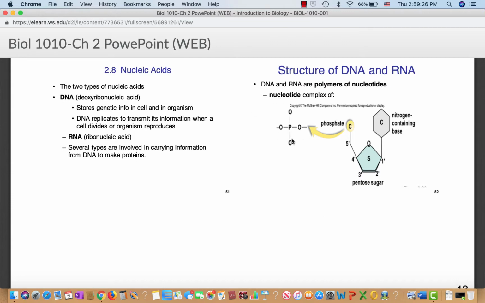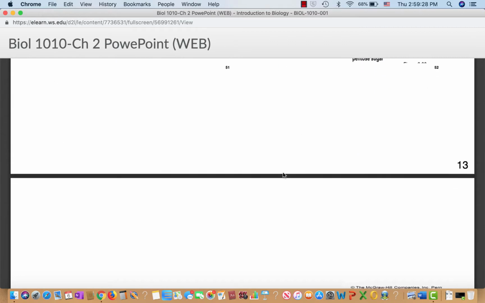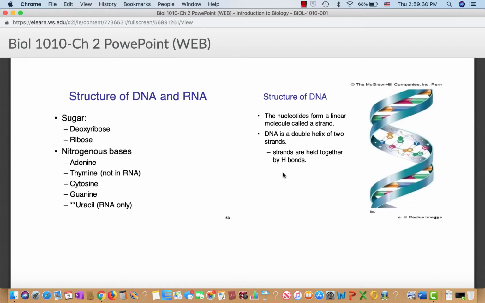And again, there's one of those little phosphate groups. You're going to see those things over and over again. For structure, you've got your sugar, deoxyribose and ribose, and your nitrogenous base: adenine, thymine, cytosine, and guanine. You will see uracil only in RNA and thymine only in DNA. So keep that in mind.